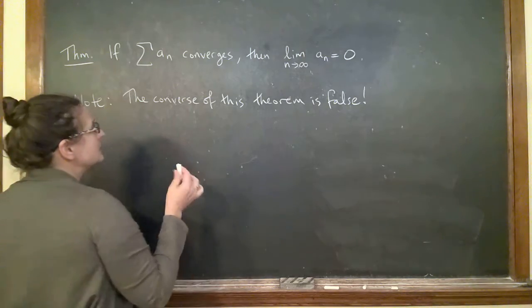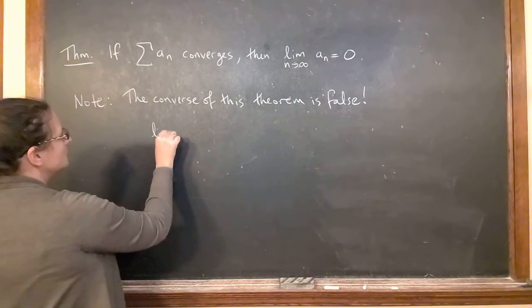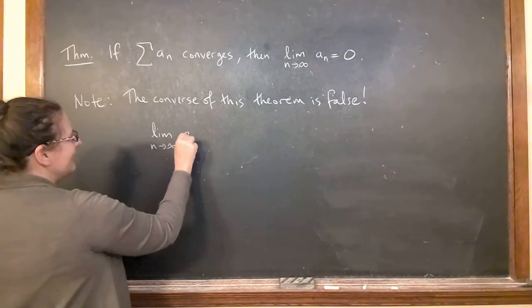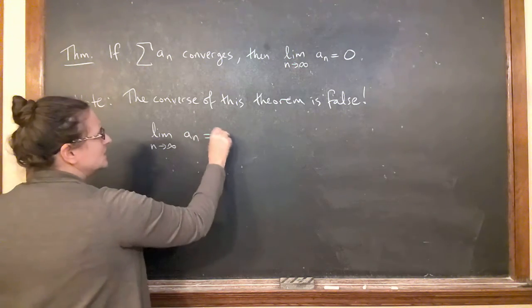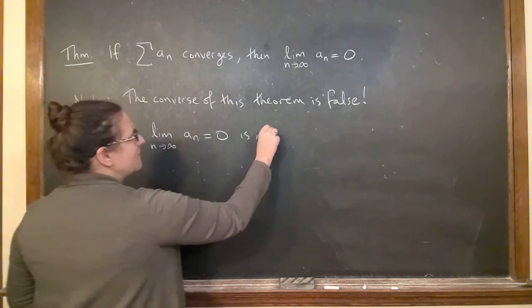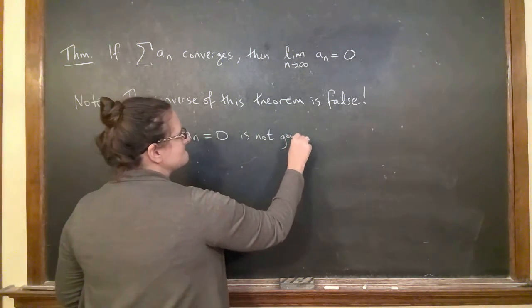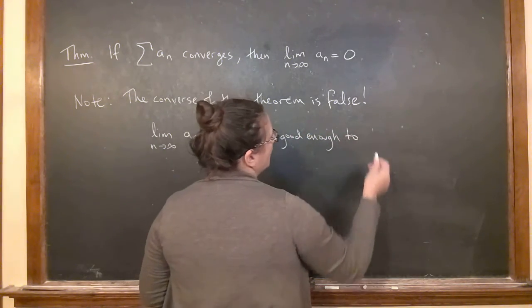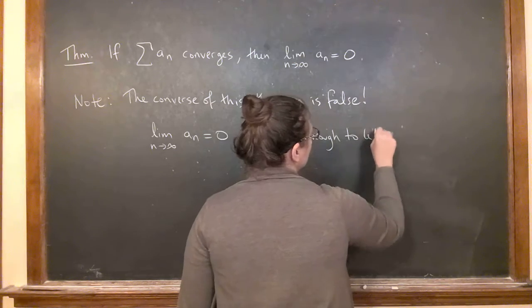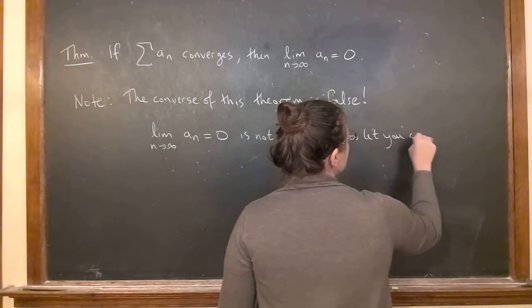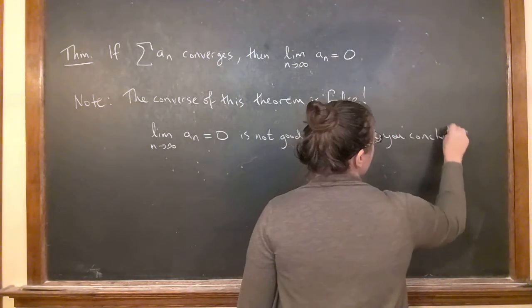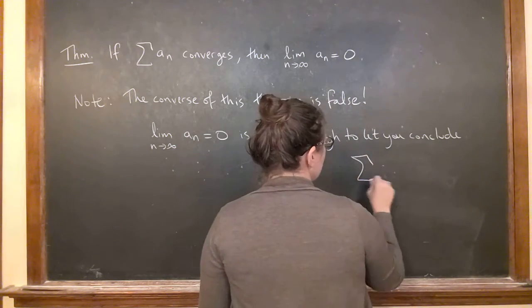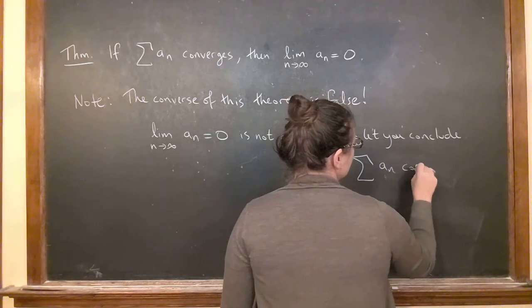Meaning that the limit of a_n equals 0 is not good enough to let you conclude that your series of a_n converges.